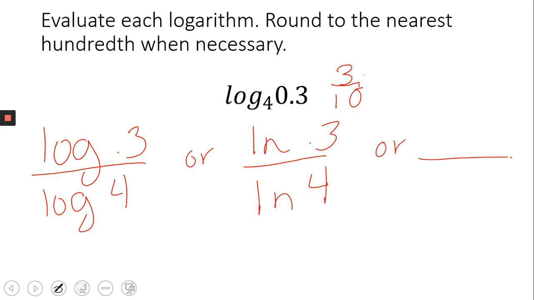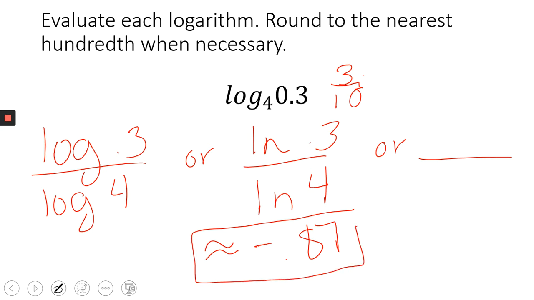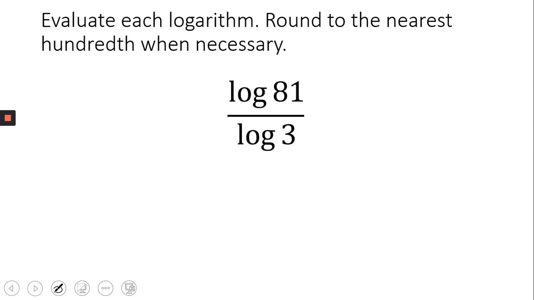Or if I used some other base, doesn't matter. Either way, what do you get for this one? Negative 0.87. And I would be stopping this video and double checking that you get those in your calculator, just as a helpful hint.